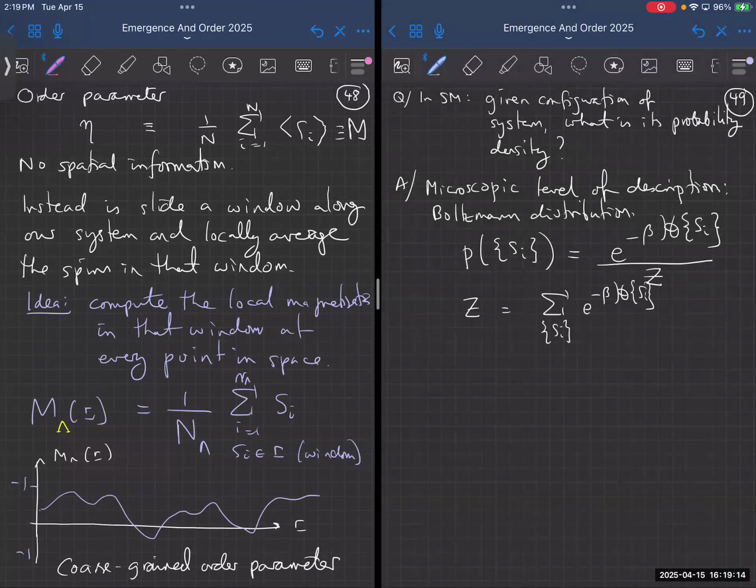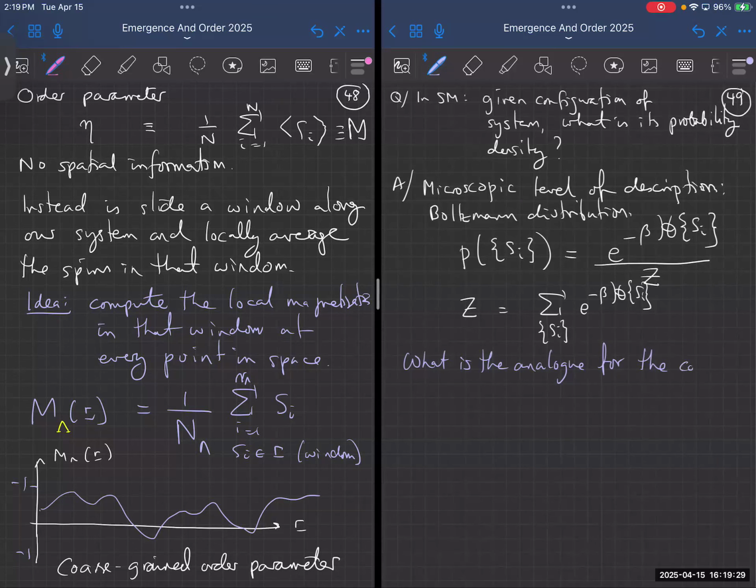So now the question is, what is the analog of this for the coarse-grained description? So suppose you just gave me the curve m lambda of r, and you said, well, tell me what is the probability of that, then the answer is the following.